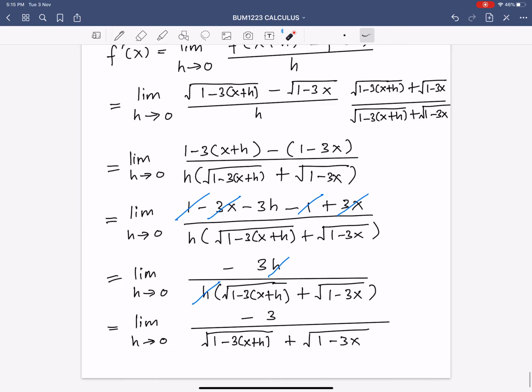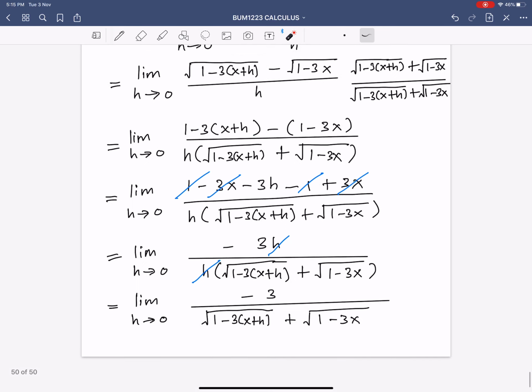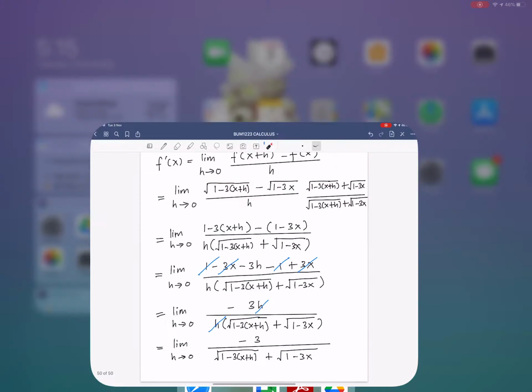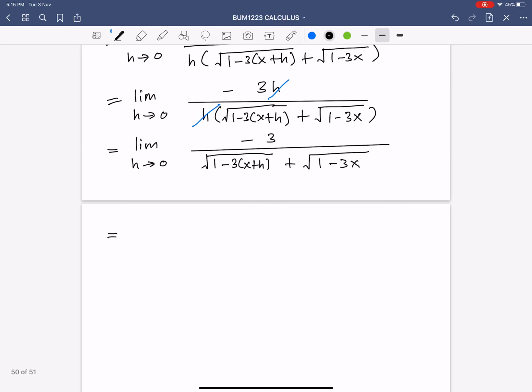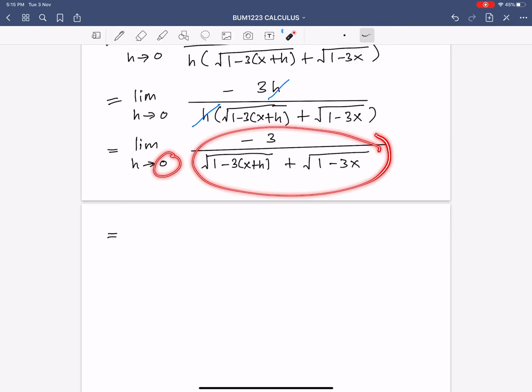So what's next? Now we can try direct substitution. We substitute h equals 0 into this expression.